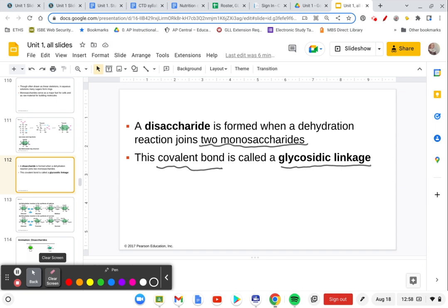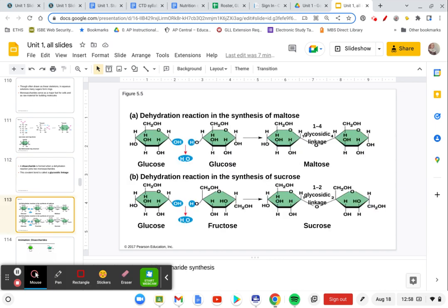Okay, so I know I'm going through that fast, but since we're on a video, I feel like you'll be able to go back if you need to. If you have any questions on that, let me know and I can give you a more detailed explanation. All right, I think this next figure actually shows a disaccharide reaction.